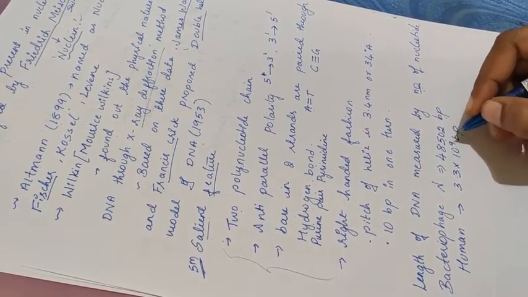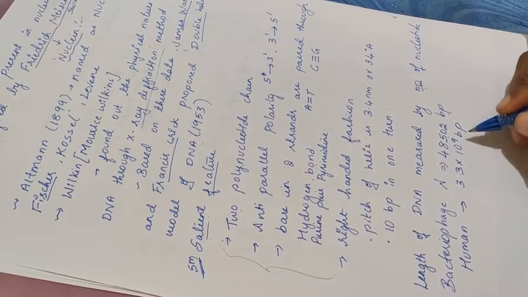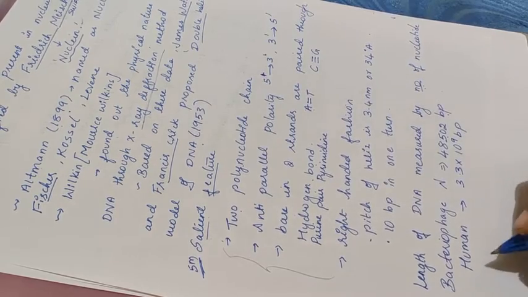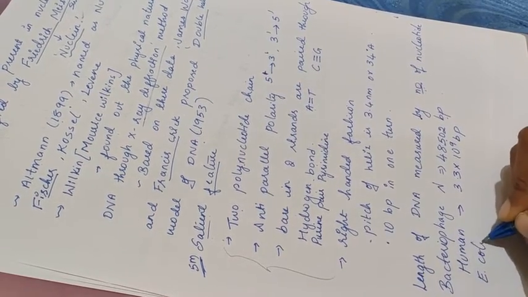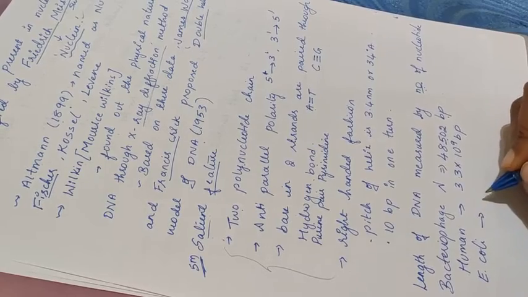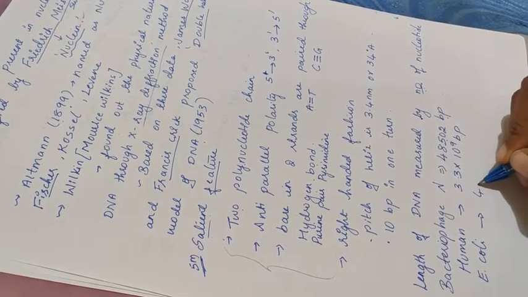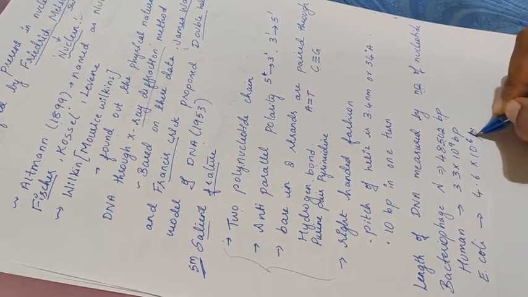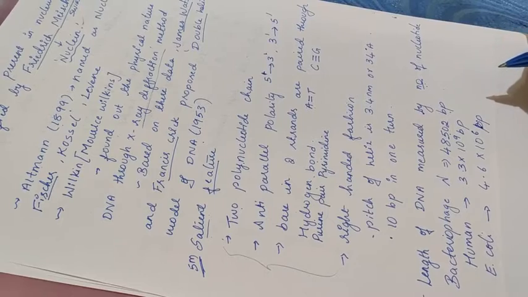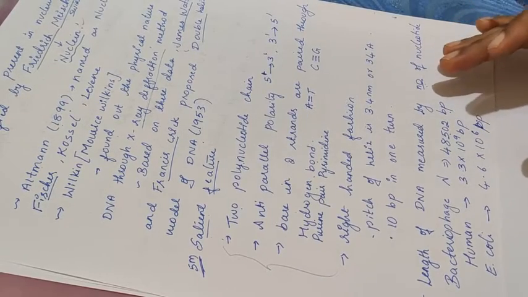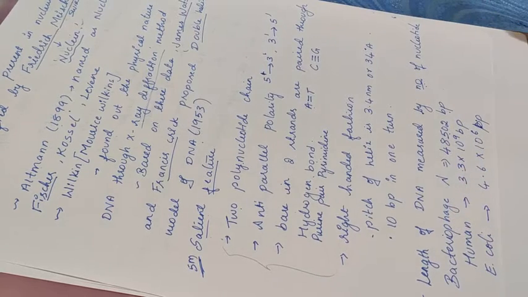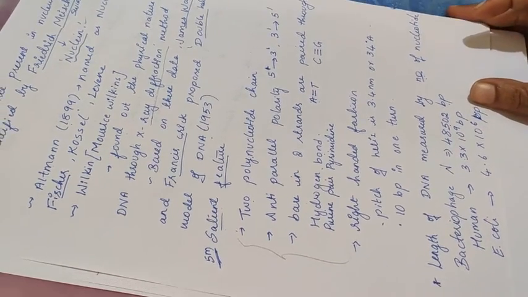That is 10 raised to 9, just multiply. So many base pairs are present in human DNA. If you consider E. coli, which is a bacterium, it has 4.6 into 10 to the power of 6 base pairs. So the length of a DNA can be measured. The more nucleotides, the longer the DNA. Very simple. Am I clear?